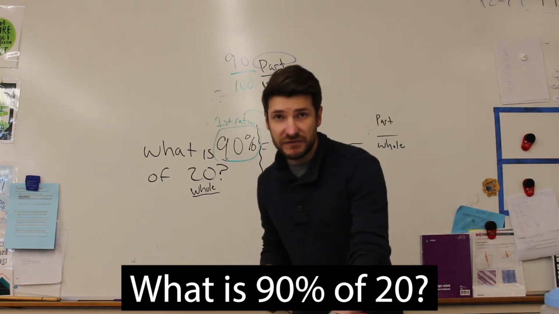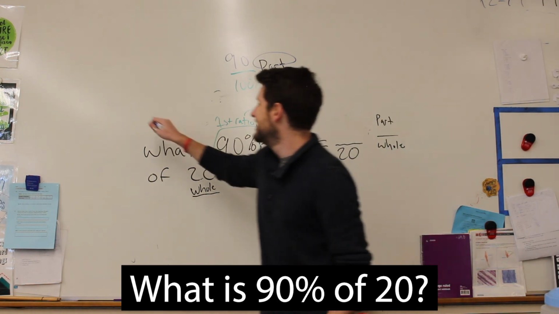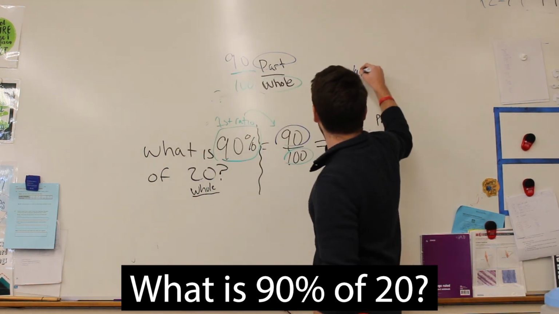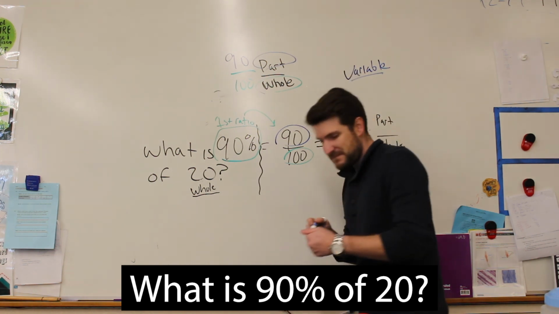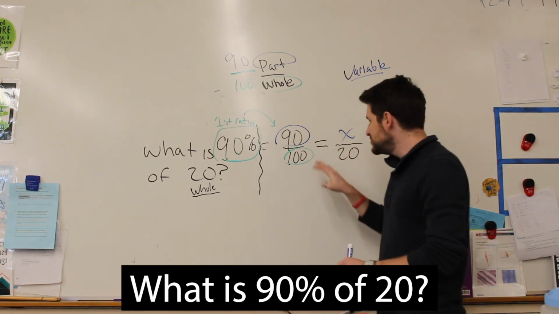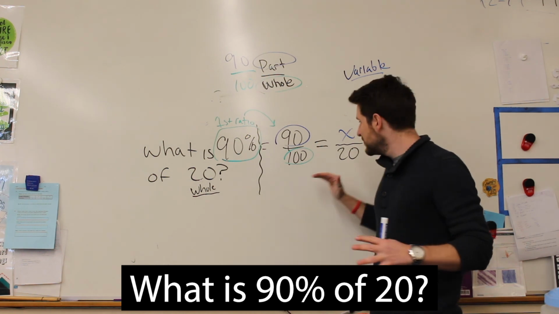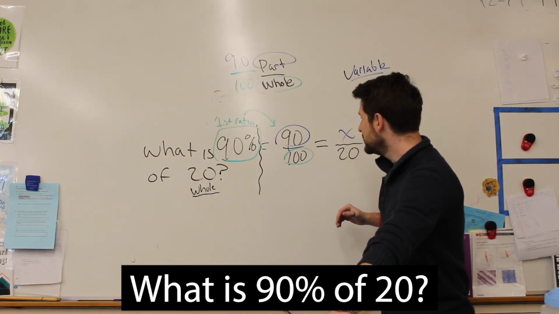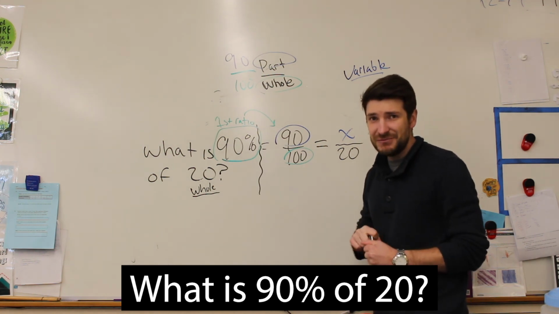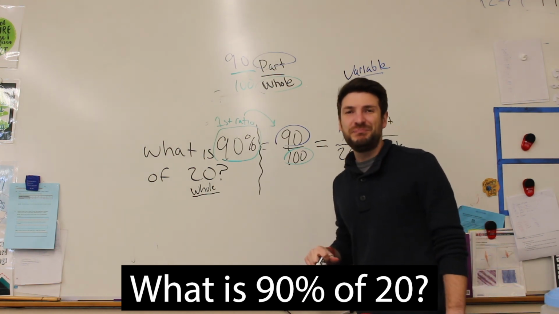Well, let's revisit our old friend, the variable. A problem, just like the one we just solved, we set it up the exact same way. Do we solve it the exact same way? You bet we do.